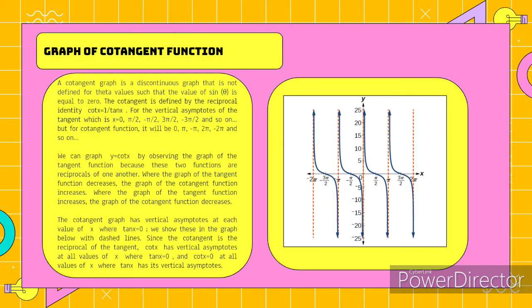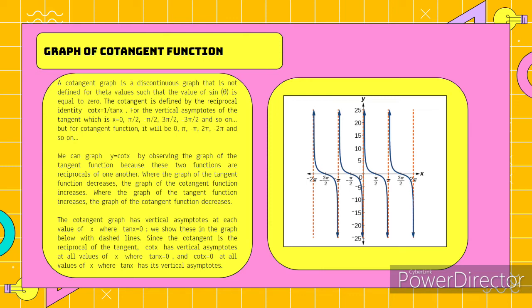A cotangent graph is a continuous graph that is not defined for theta values such that the value of sine theta is equal to 0. The cotangent is defined with the reciprocal identity cot x = 1/tan x.